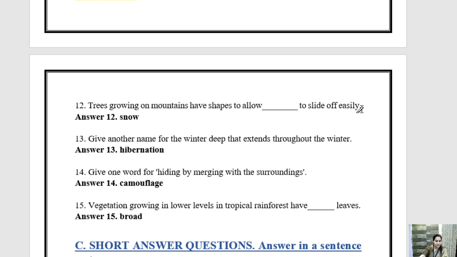So basically mountains have snow. In the mountain area, to let the snow fall off, these slopes are important. So trees में जो slopes होते हैं वो किसकी वजह से होते हैं? Mountain snow को fall off कराने के लिए. So the answer is snow.